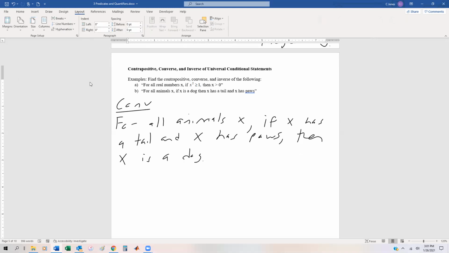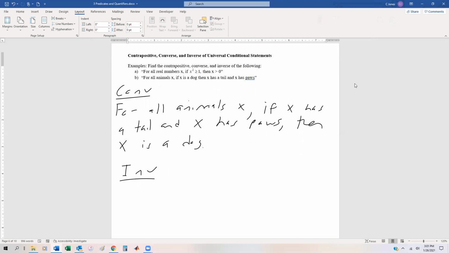Now, for the inverse, we have to be careful, and I'm going to write it incorrectly first, and then I'll write it correctly. For all animals x, and remember, the inverse just takes the negation of the antecedent and the conclusion.